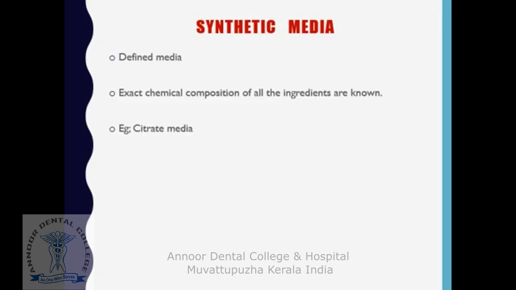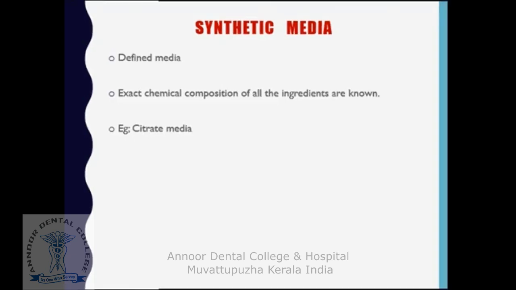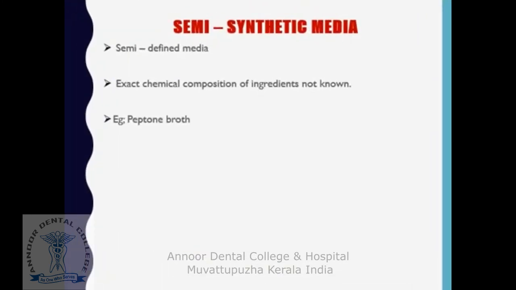Then we call it a defined media. An example is citrate media. Semi-defined means the exact chemical composition of the ingredients is not known. We are not sure about the chemical composition of ingredients. For example, peptone water.